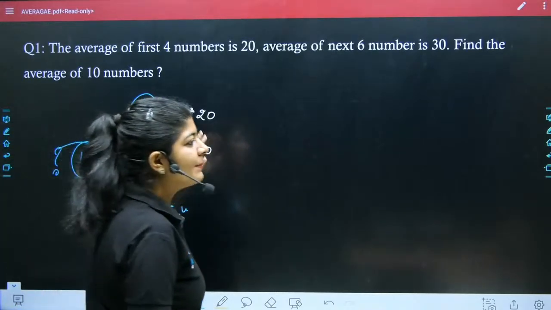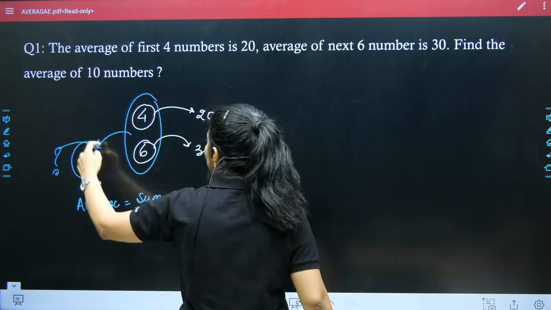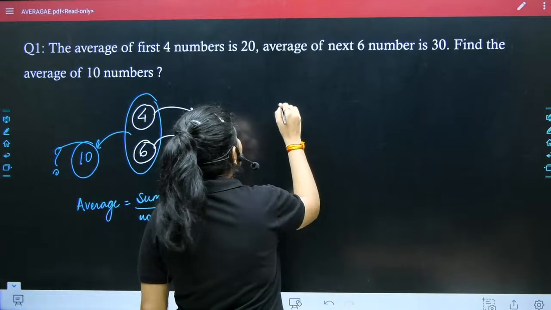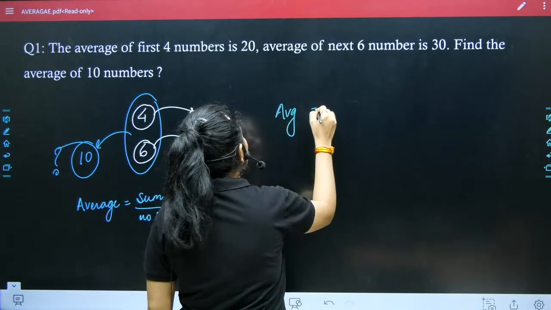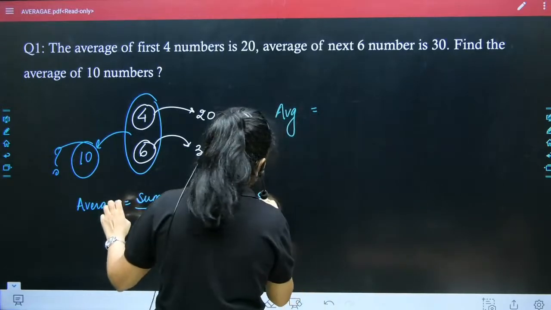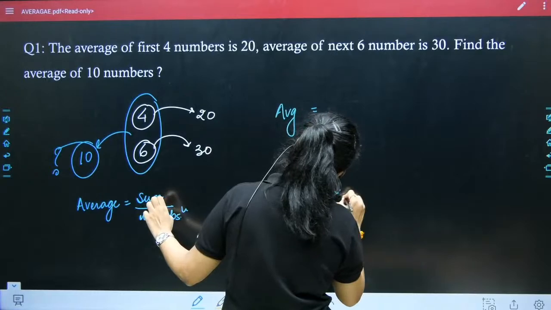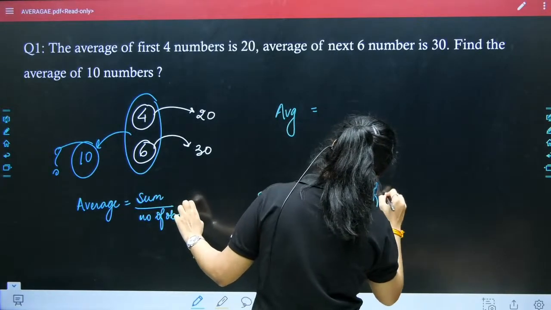So we just put our formula here to calculate the average of these 10 numbers. If I have to find the sum, I have to multiply my average with the number of terms.